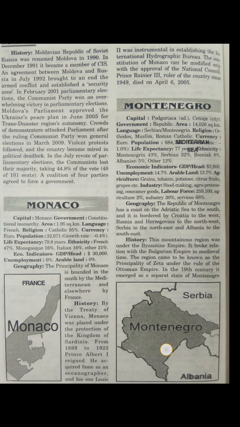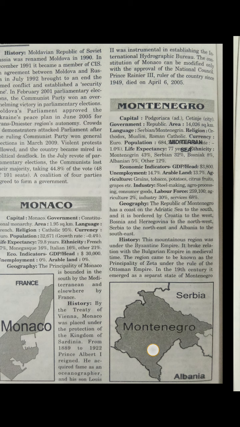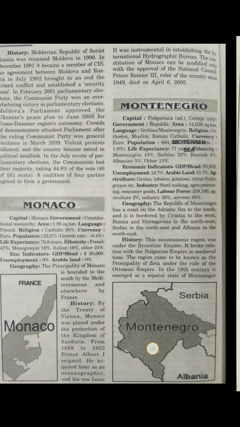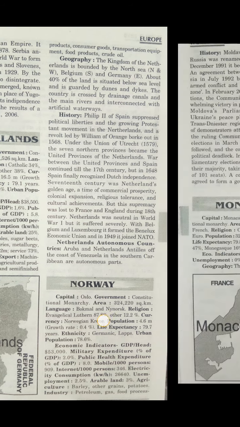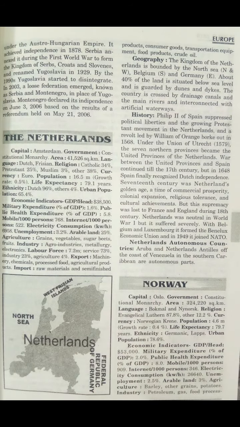In the 19th century, it emerged as a separate state of Montenegro. Under the Austro-Hungarian Empire, it achieved independence in 1878. Serbia annexed it during the First World War to form the Kingdom of Serbs, Croats and Slovenes, renamed Yugoslavia in 1929.